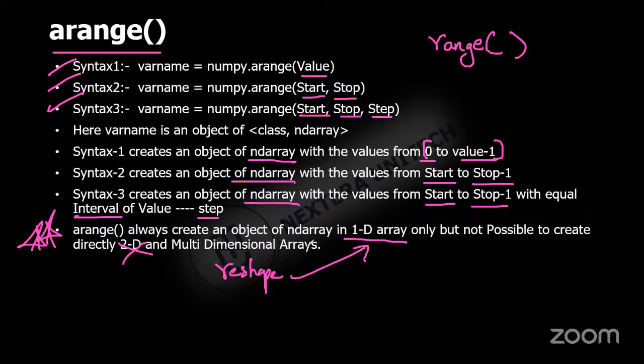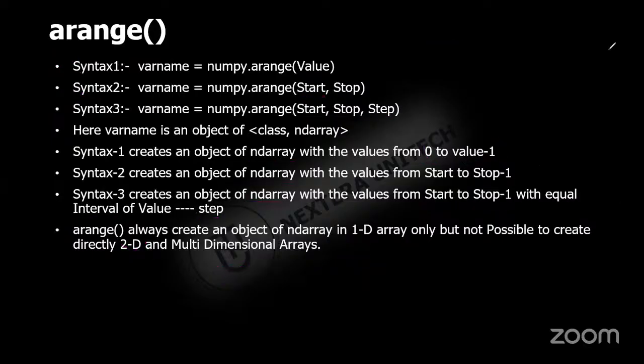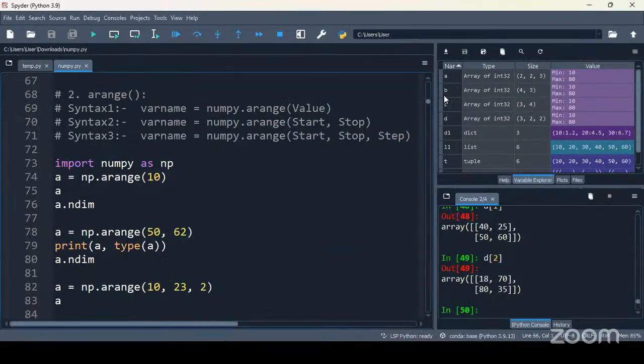N-dimensional arrays are possible. But keep it in mind, the arange function from NumPy will always return only a one-dimensional array as output. So let us look at the hands-on part immediately.